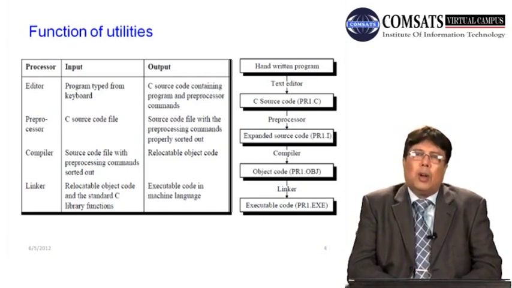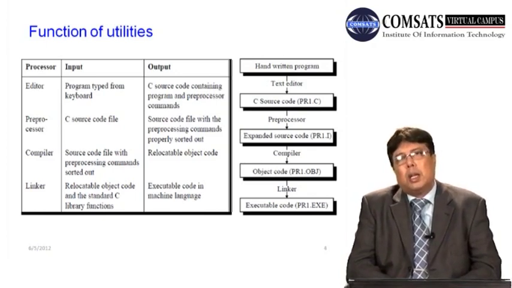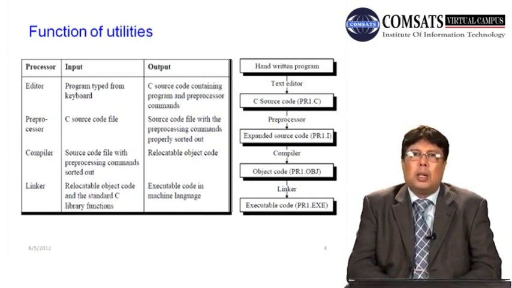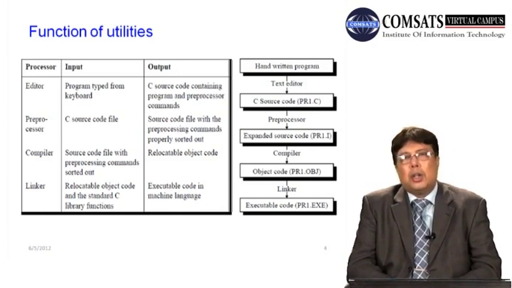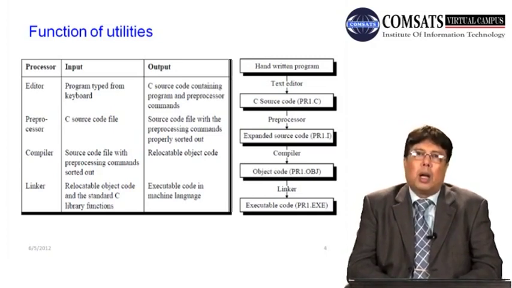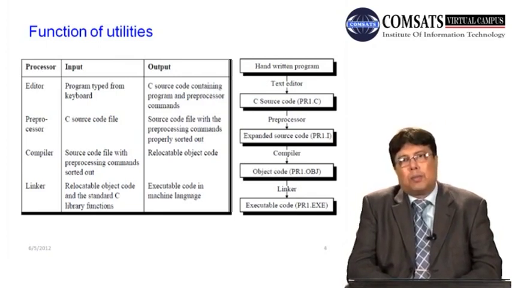You might remember in one of my examples I have shown you that all the white spaces, including spaces, tabs, enter key, carriage return, new line keys, all the blank lines are eliminated by the preprocessor, and the whole code becomes a contiguous sequence of characters. That is one of the activities taken up by the preprocessor.